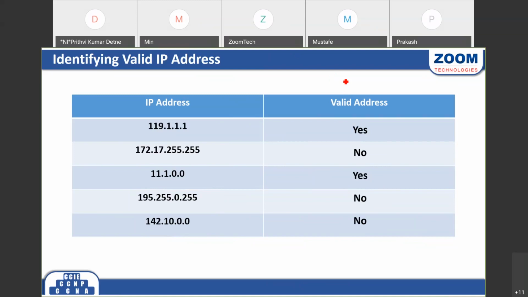Today we discussed IPv4 address logics. We still have some more. Tomorrow I will continue with IPv4 and IPv6, private IP address, public IP address, and subnet mask calculations. We still have a lot of logics to discuss in the next session.